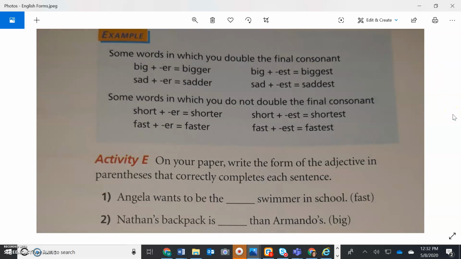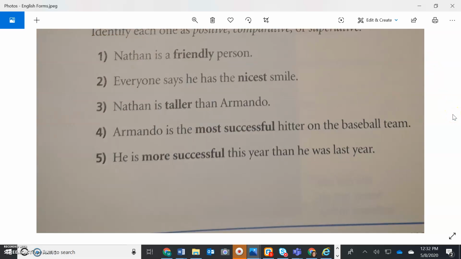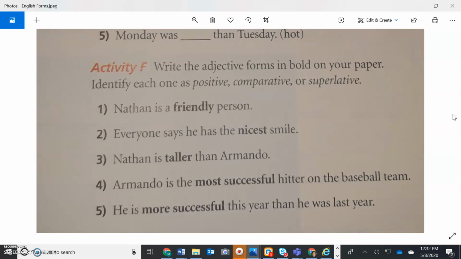Okay, so this isn't saying more, and it's not saying most, so number 1 must be positive. That one is saying most, that one's comparing, that one's saying most, that one's comparing. So we only have one that's positive.